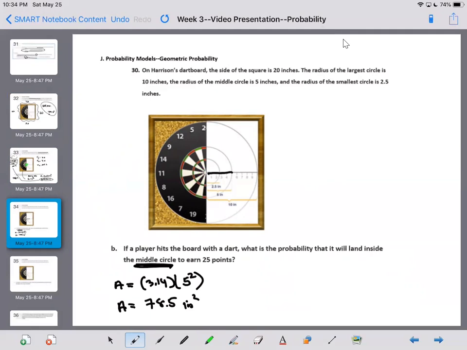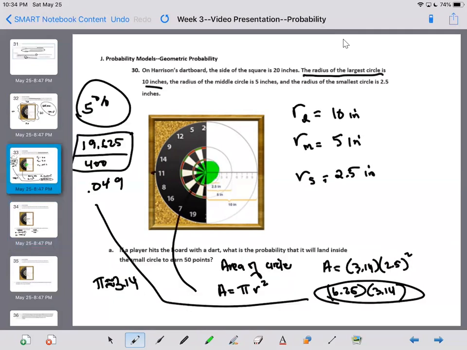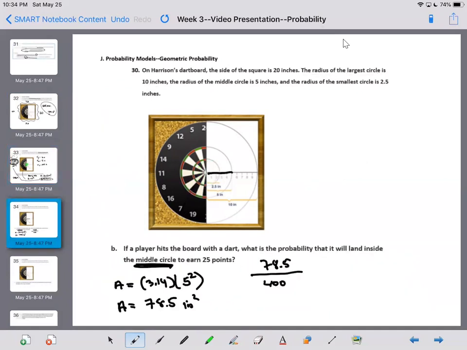Just take 78.5 square inches and divide it by 400, which we already know is bigger than 19.625. 78.5 divided by 400 is approximately 19.6%. So you've gone from a 5% chance to almost a 20% chance of landing in the middle circle.